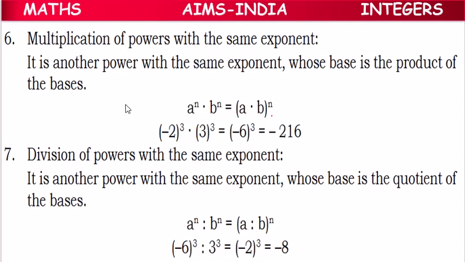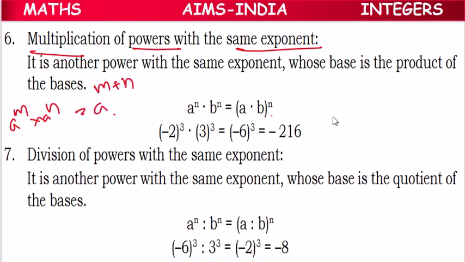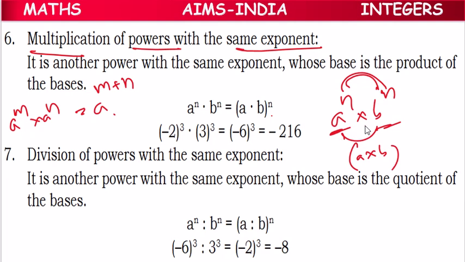Next, multiplication of powers with the same exponent. If we have the same base, then we can add the powers. But if we have different bases and the exponents are same, then what can we do? We can write as a product the given two bases.